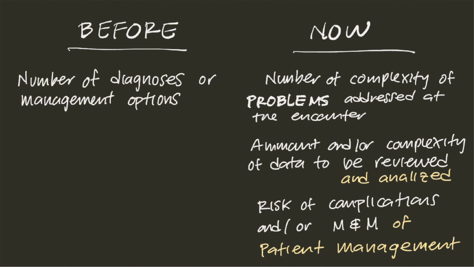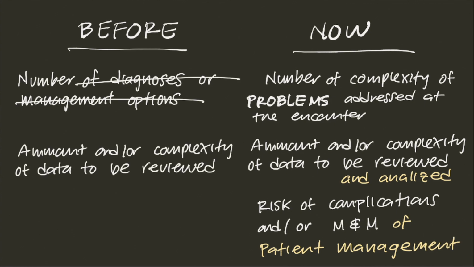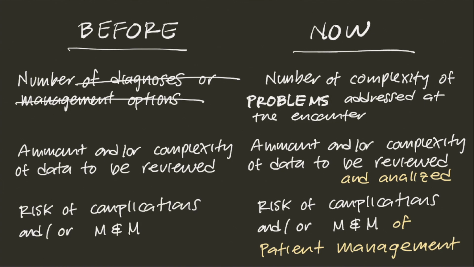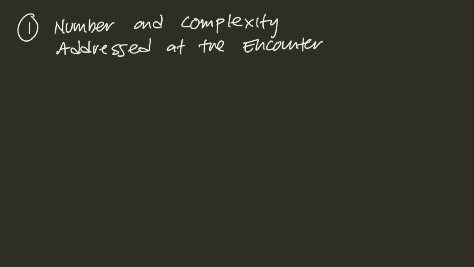The switch was made from diagnosis to problems. Data is now expected not only to be reviewed but also to be analyzed, and the risk of complications, morbidity, or mortality are derived from the management of the patient instead of from the patient problem itself. Let's review each element of medical decision-making in detail.